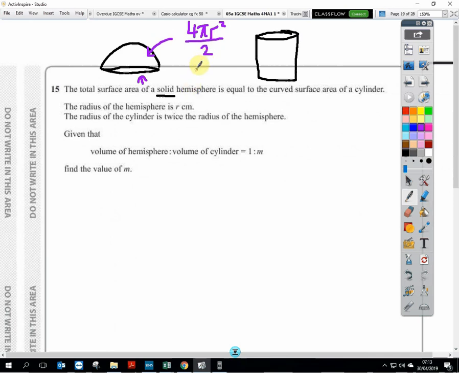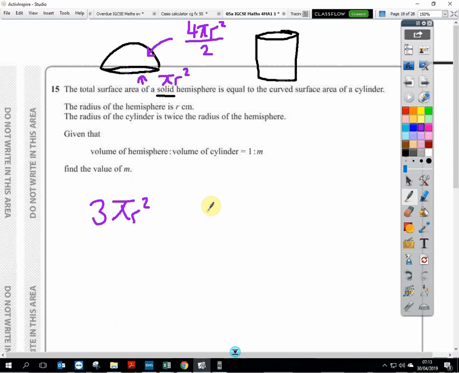That's going to give us 2 pi r squared. But let's not forget that the bottom of the hemisphere is a circle, which is pi r squared. So we have 2 pi r squared from the dome bit, or the curved bit, and then pi r squared from the bottom bit, the circle. So that gives us 3 pi r squared.